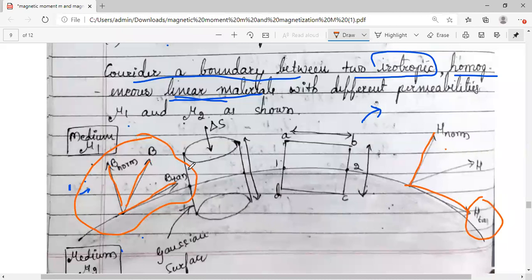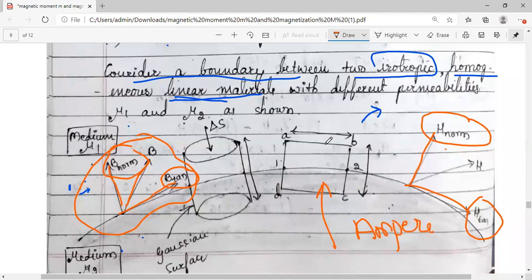Horizontally, tangential, TAN, for both B and H. Vertically is normal, which I have written in short as NORM. Both B and H have two components, by vector resolution. To understand the boundary conditions, we consider two different areas. One is the area and the concept that we use for Ampere's law.